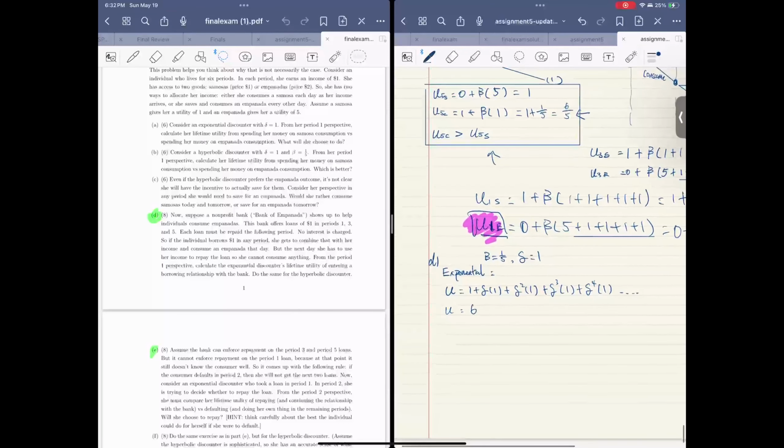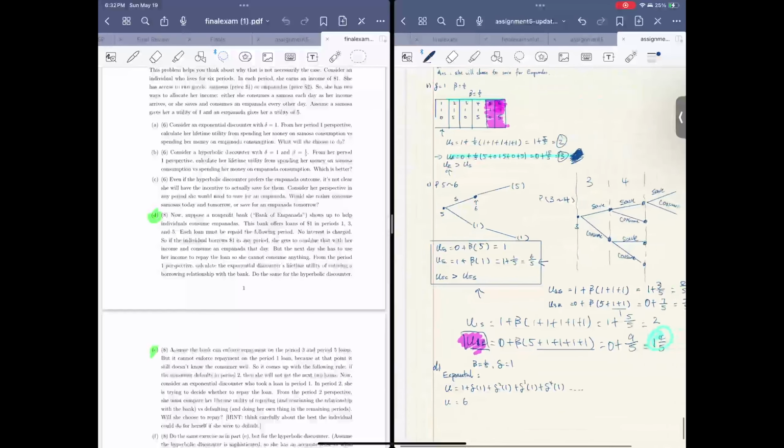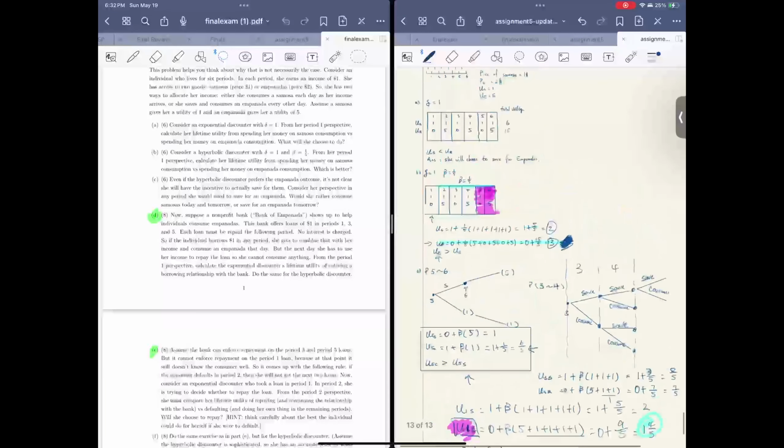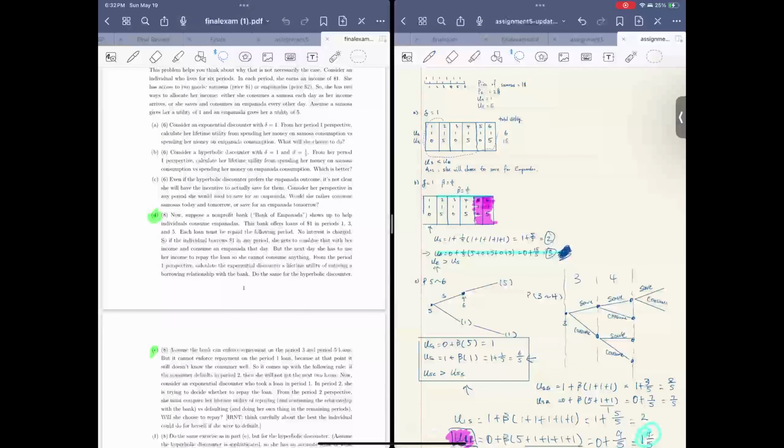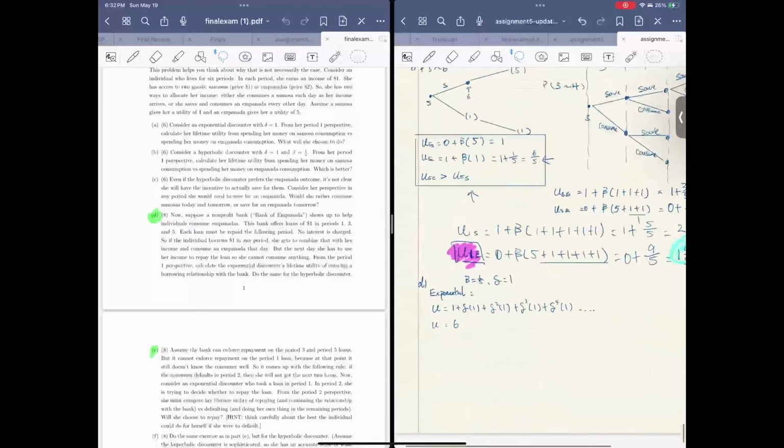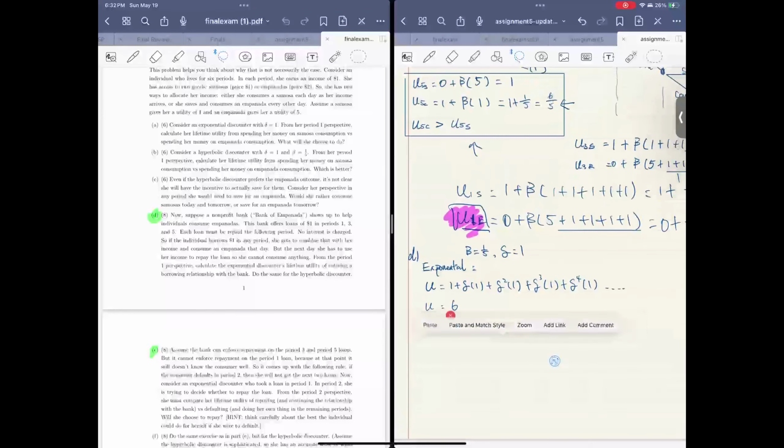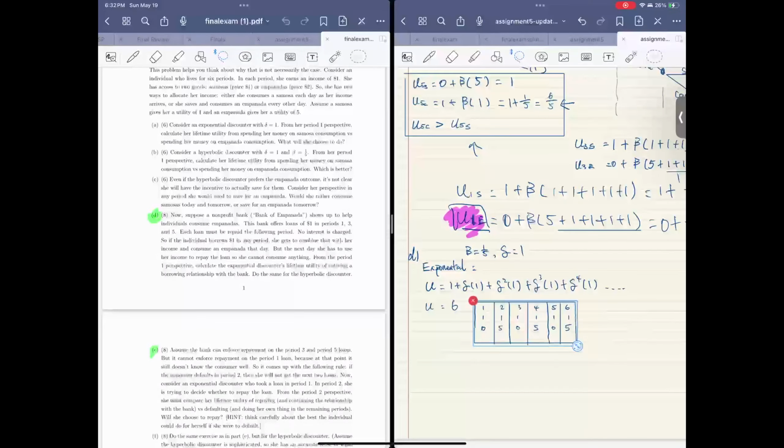Okay, let's actually bring back the table again. It's easier with the table. Okay, so this is no bank.